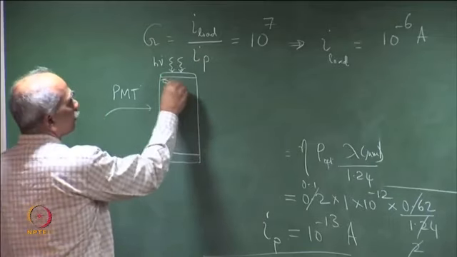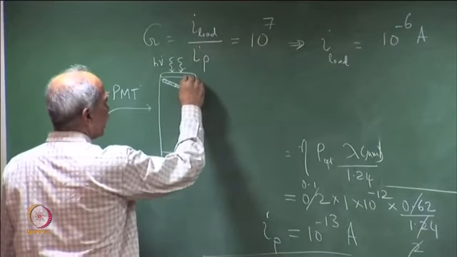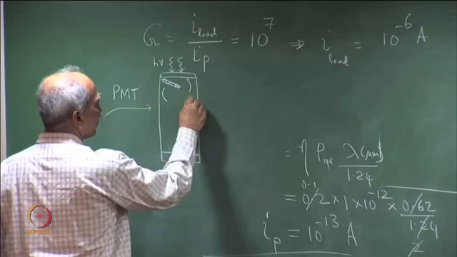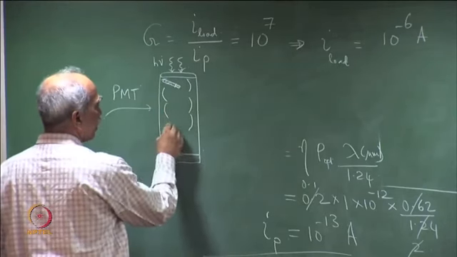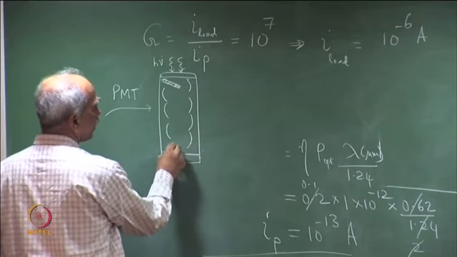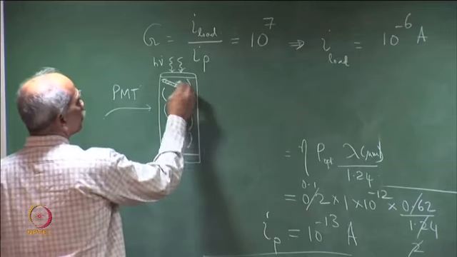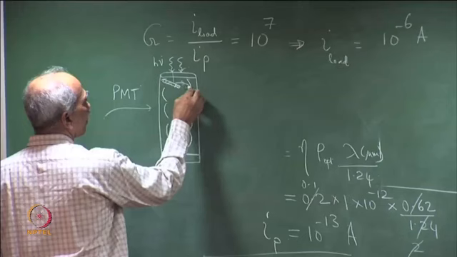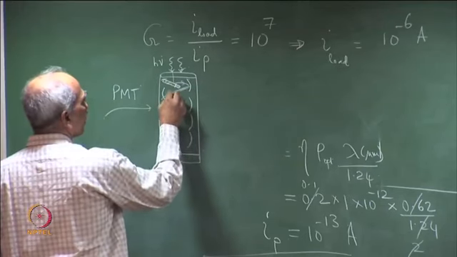I am not showing the electrical connections, but then there is a set of dynodes, and then the final anode. Just recall that the incident photon generates an electron which then multiplies and gets attracted to this dynode.